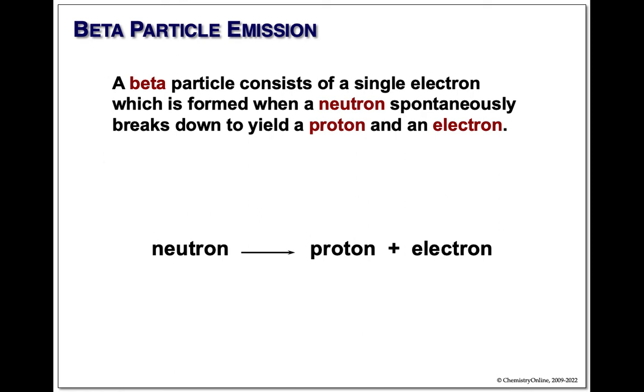Well, not really, but apparently, sorta. When the neutron loses its electron, it converts itself to a proton. So we start with a neutron, 1 mass unit, wind up with a proton, still 1 mass unit, and we have a negative electron.